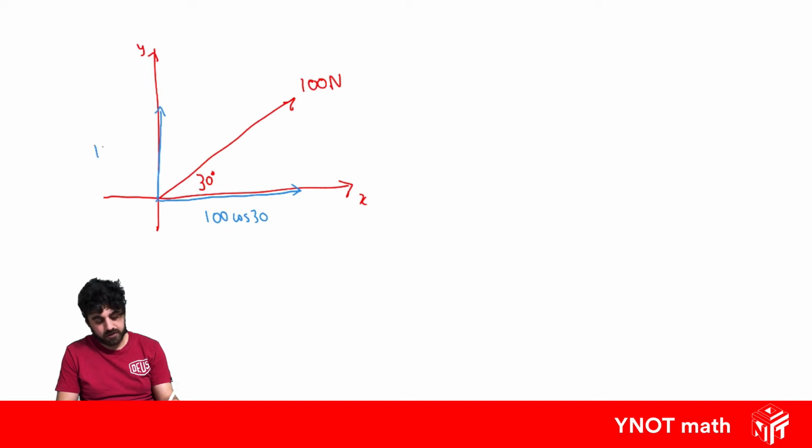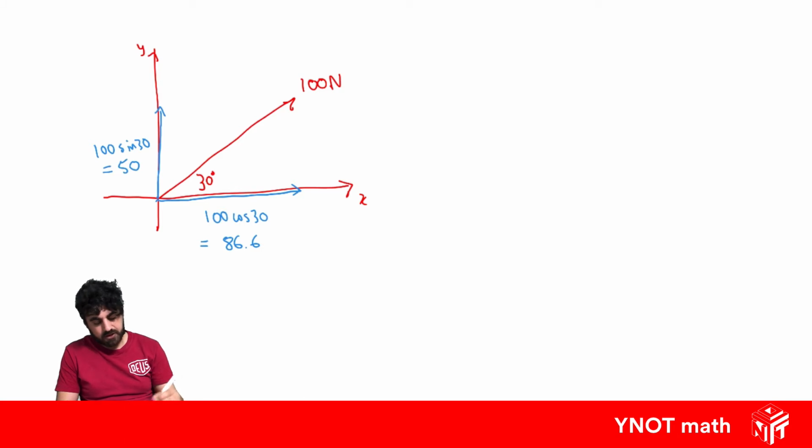And for the Y direction, it's the length of the vector multiplied by sine of the angle that it acts at from the positive X direction. Calculating these, 100 cos 30 is about 86.6, and 100 sine 30 is just 50.